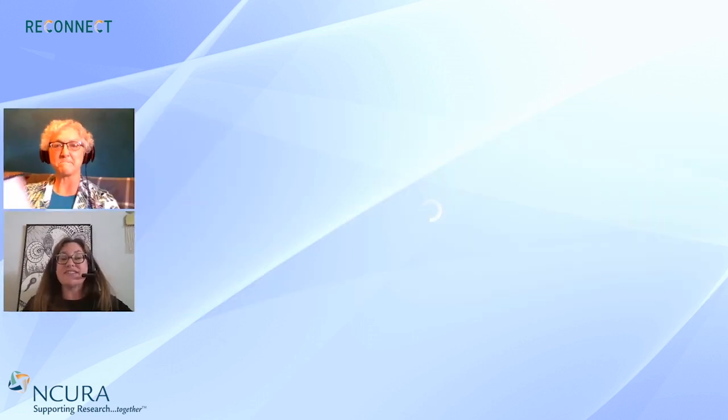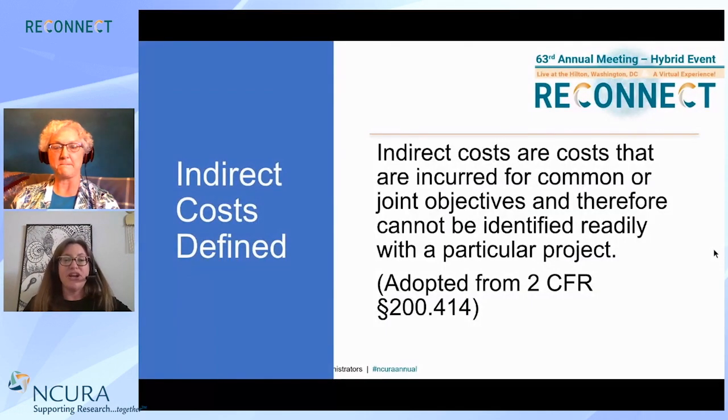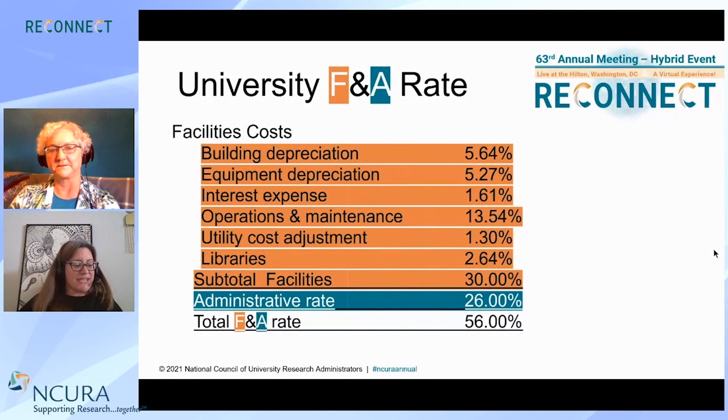Yeah. So again, the important thing is that these are costs that your institution's already paid for. So the institution works out a negotiated rate in order to recover some of those costs. Okay, so what you see here is an example of an on-campus research rate for facilities and administrative costs.